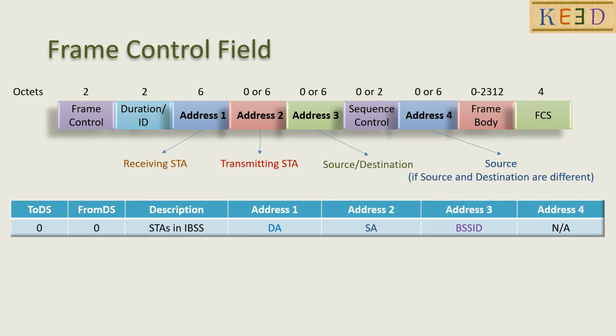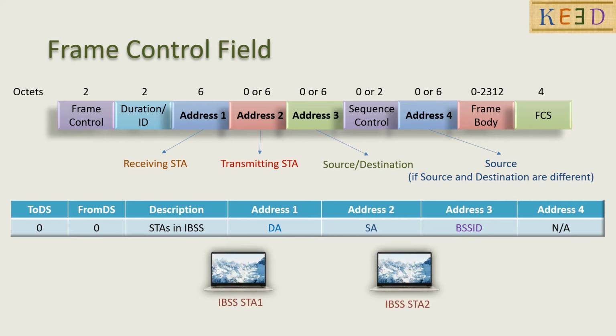In the case of IBSS, all the stations are connected to each other and there is no DS. So, To DS and From DS are 0. Transmitter address equals source address. Receiver address equals destination address.